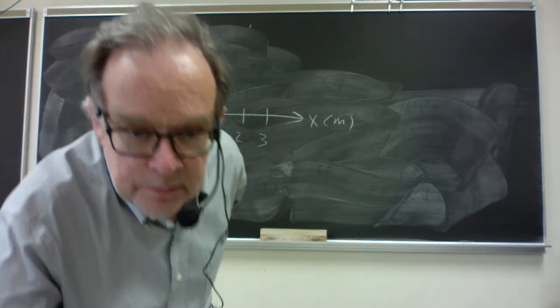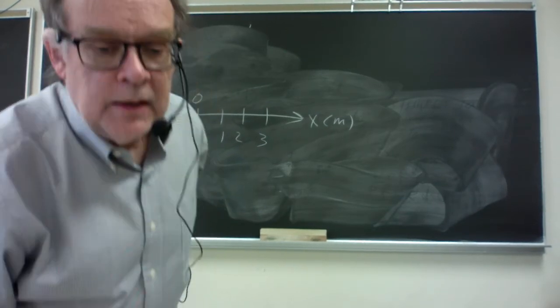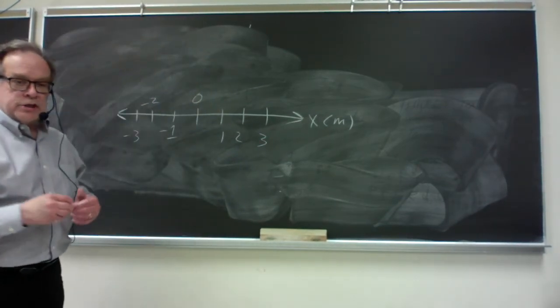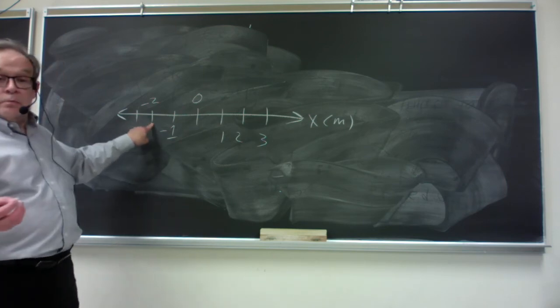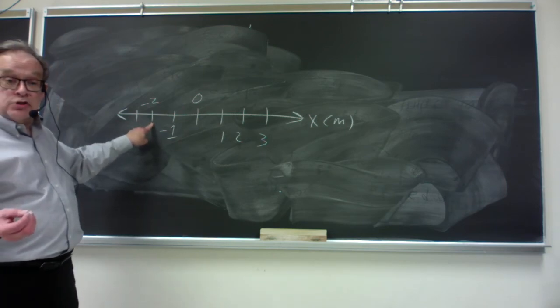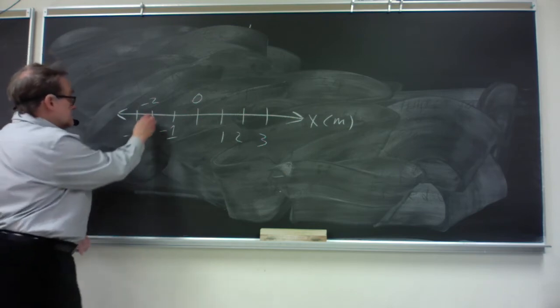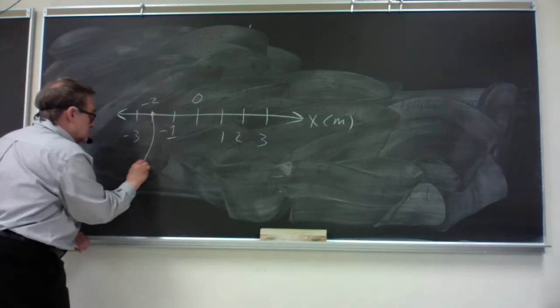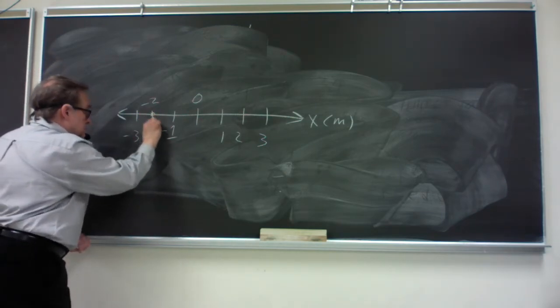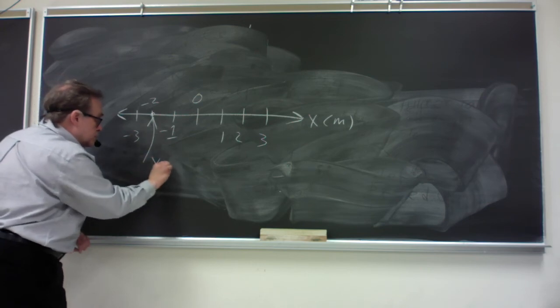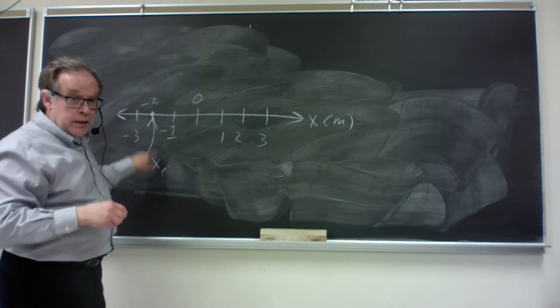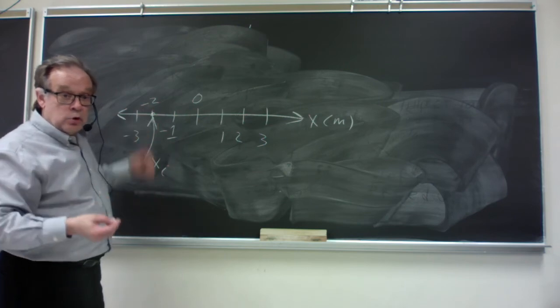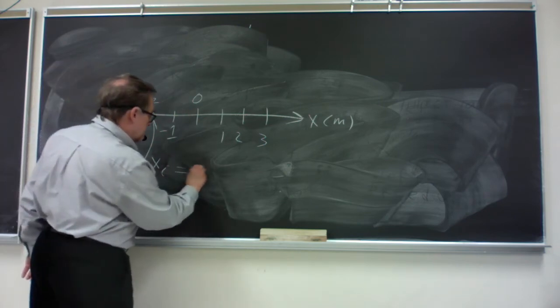And let's say that there's some motion that starts here. This is the initial location. So subscript i indicates that this is the initial location, and it's what? It's a location of -2 meters.